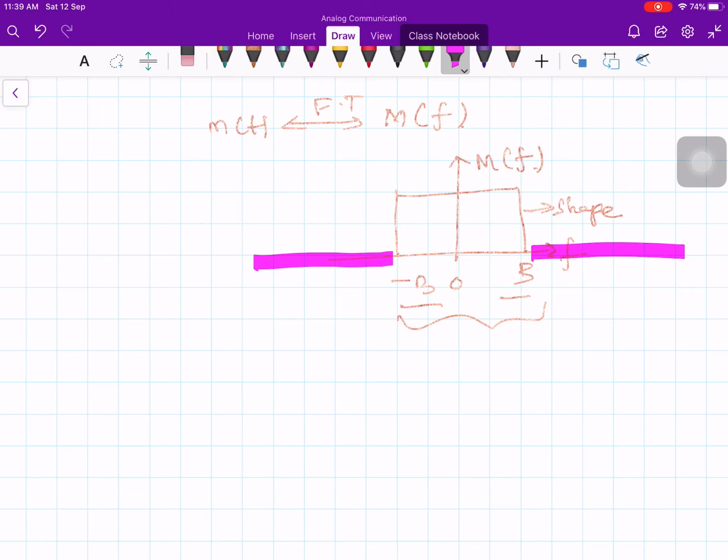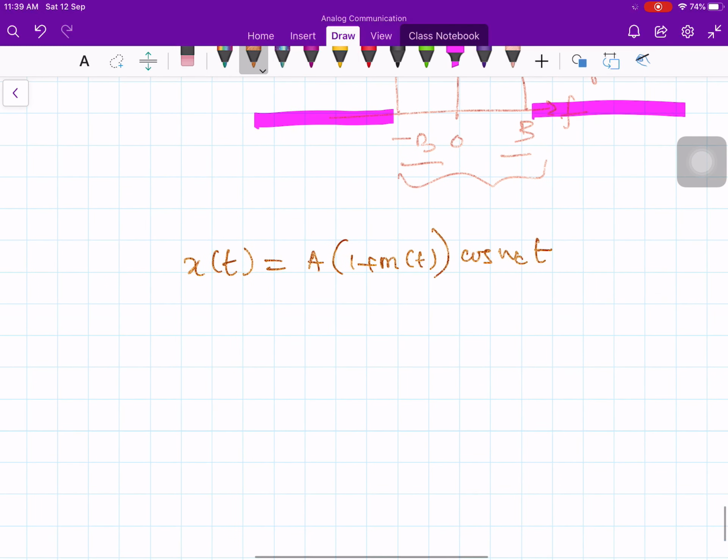So what is the spectrum of the modulated signal? Do you remember? x of t is equal to A times 1 plus m of t times cos omega ct. Right? So what we said, this is your E of t times cos omega ct.